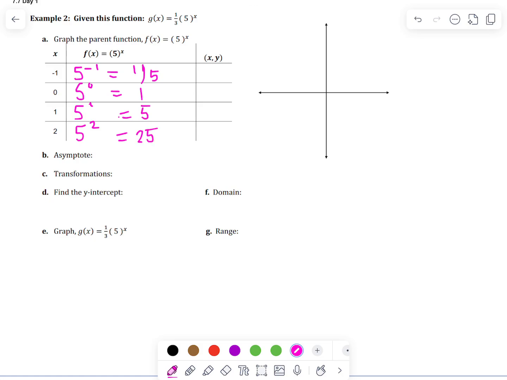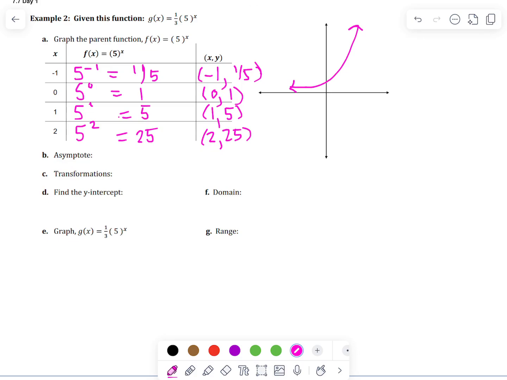And then we write those as ordered pairs. And then we graph the parent function.